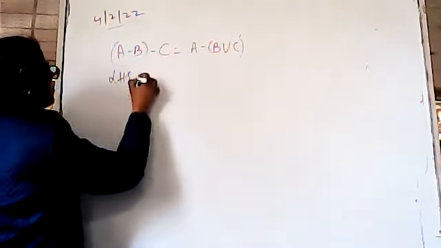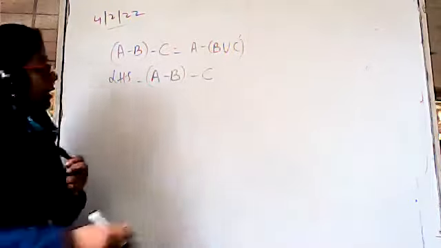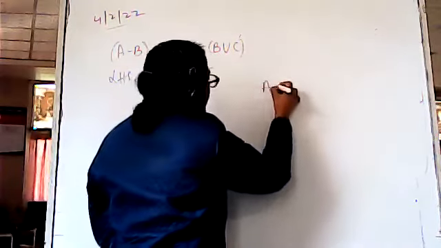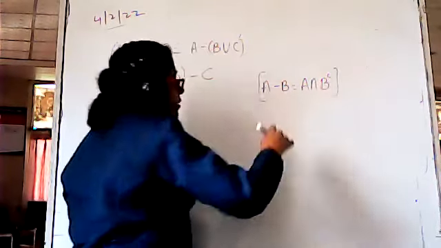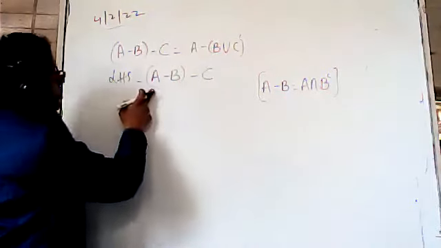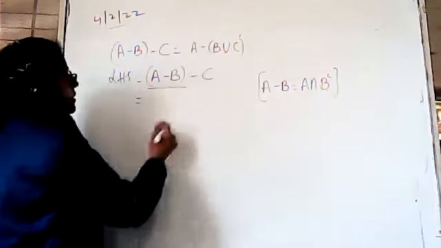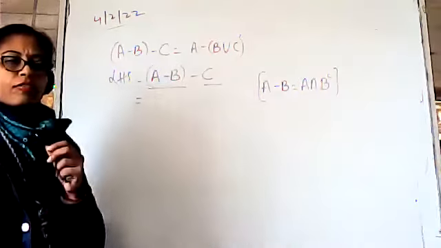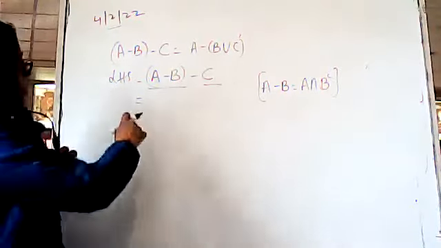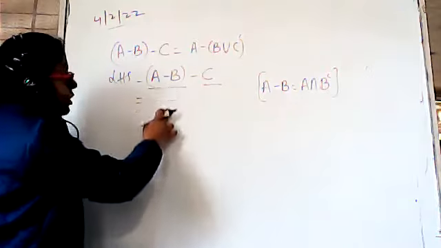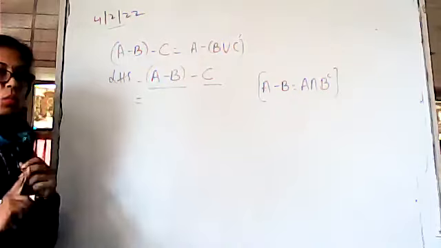Consider left hand side. This is A minus (B minus C). We have done that A minus B can be written as A intersection B complement. We can apply the same result. A minus B, this is one set. Whatever is inside the bracket, we will consider only one. Whether it has 2, 3, 4, 5 or 10 sets, but this is in the bracket, we will consider one.